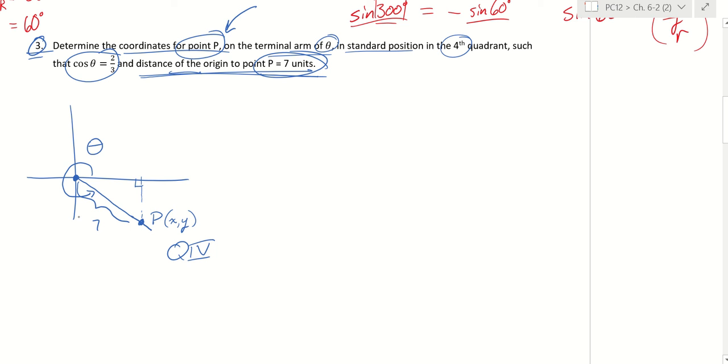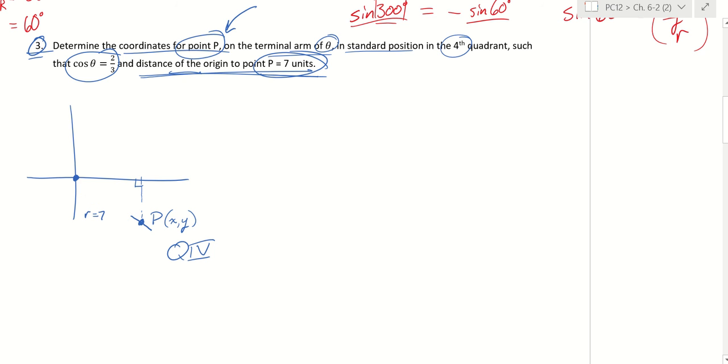What does that really mean? That really means that's our r value, right? The radius of the corresponding circle that we could draw, or the hypotenuse of this right triangle that we've drawn, is 7 units. I will erase that angle in standard position just because it's getting a little messy.